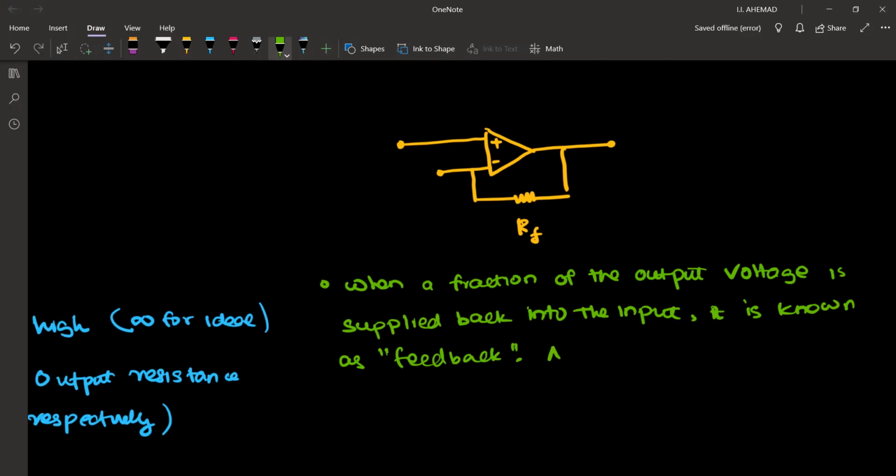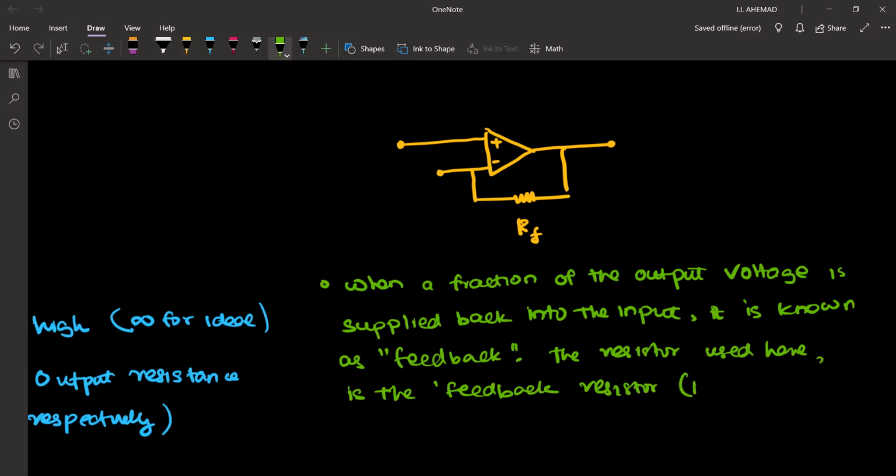And the resistor used here is the feedback resistor, RF.